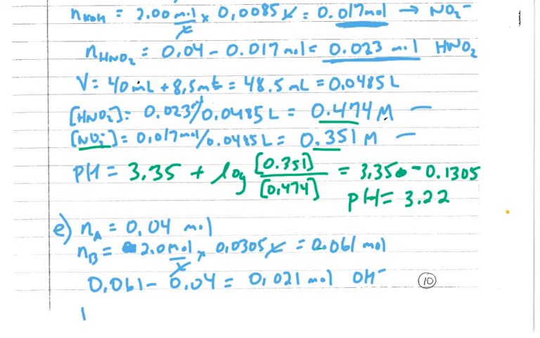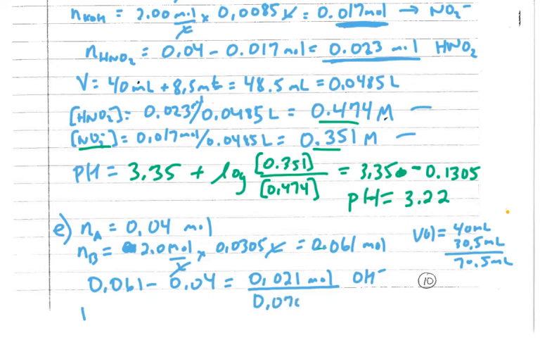So we can find the pOH, we can turn this into a concentration because our volume at this point is 40 milliliters of acid plus 30.5 milliliters of the base. It's a total of 70.5 milliliters.